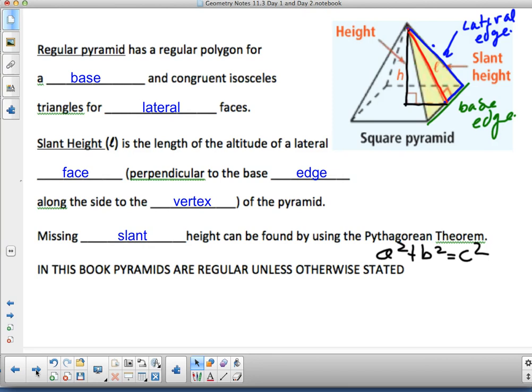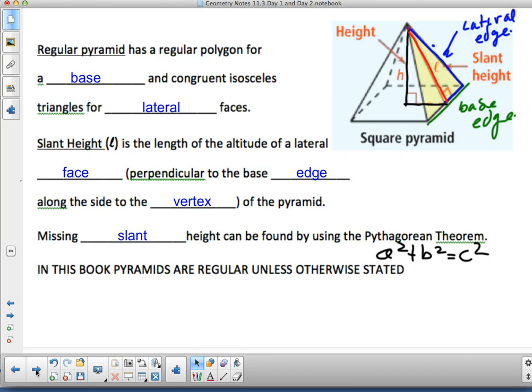Slant height l is the length of the altitude of a lateral face, perpendicular to the base edge, along the side to the vertex of the pyramid. That's why we call it slant height. It's along the side. Missing slant height can be found by using the Pythagorean theorem, whether it be the distance into the center with the height, or using the lateral edge with half the side and the slant height. Those are two ways we can find the missing slant height if we need to.